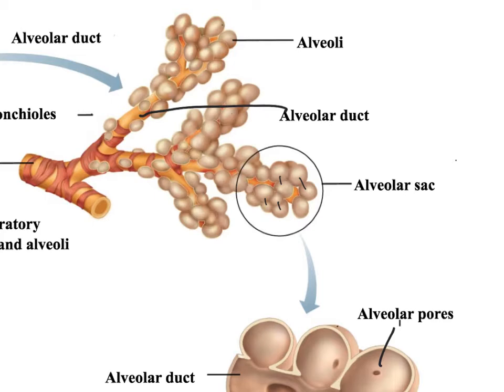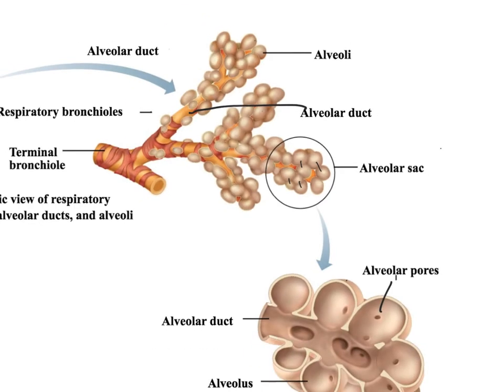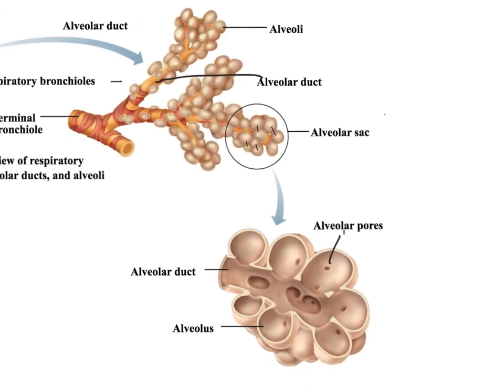Think about a bubble; that's what the alveolar sac is, but it's a bubble that's attached to another little bubble, and air can go between those two bubbles through this alveolar pore. So the movement of air goes down through all these different parts, through the alveolar pores, and down through the sac itself.